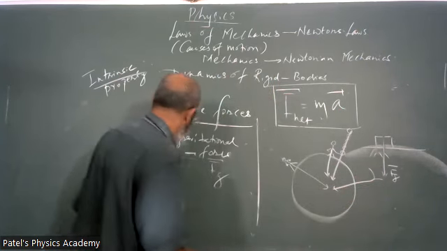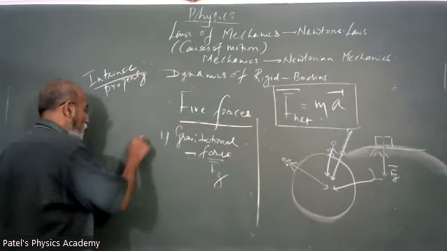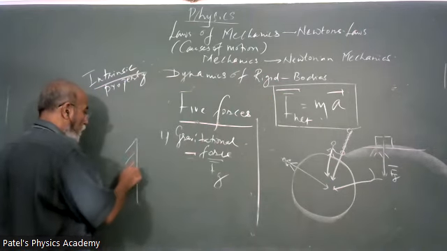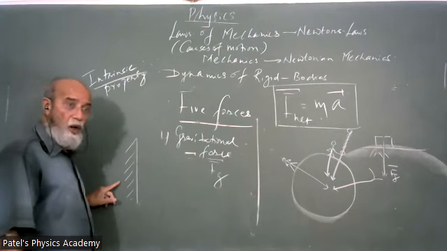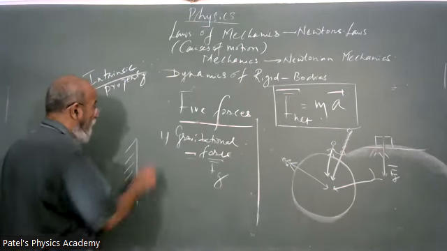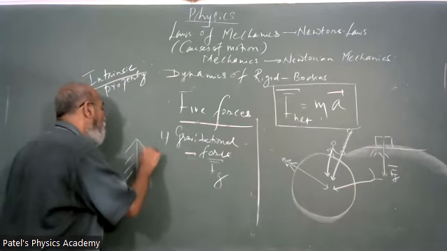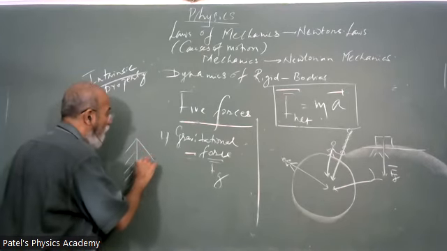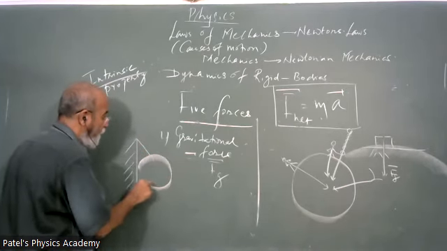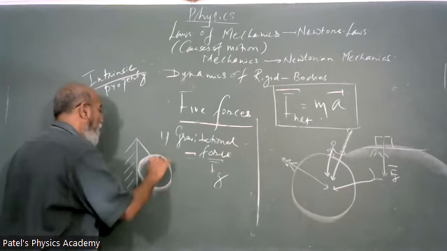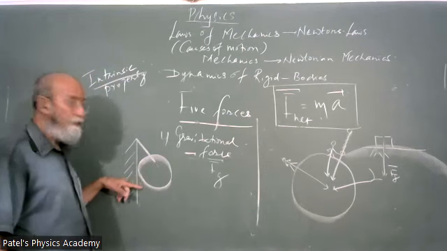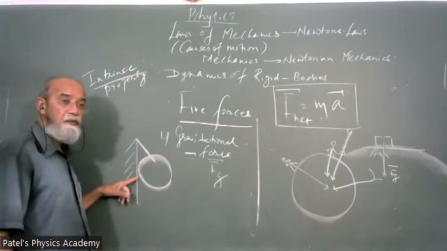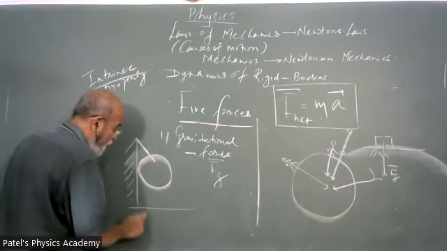Second example is, this is the wall. Now when I do this, with so many hatch lines, it means it's a wall, all right? And I had some object, a big ball, connected by some anchoring string, and it was resting like this. Okay, and this is the ground.